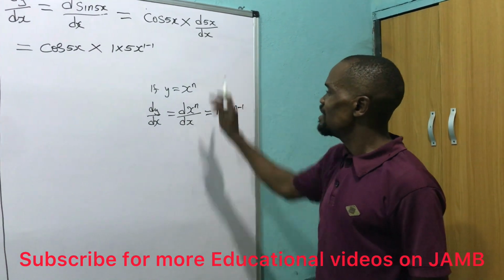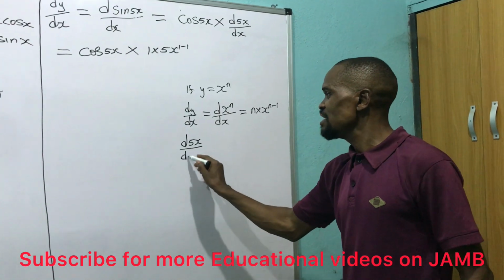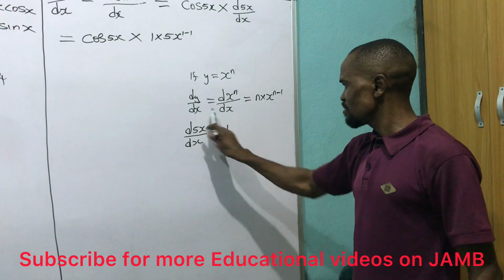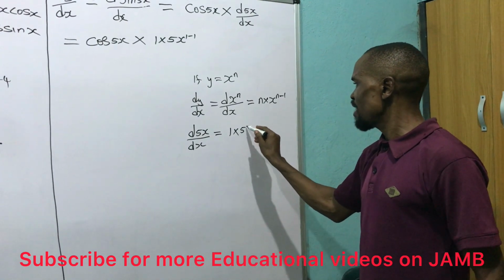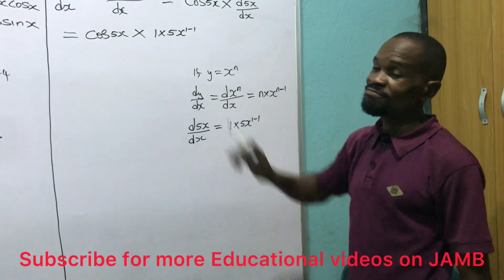Its power becomes the coefficient, then I remove 1 from the power. That's what we call differentiation. And that's what I did here: d5x over dx gives me 1, this is the power, times 5x raised to power 1 minus 1.